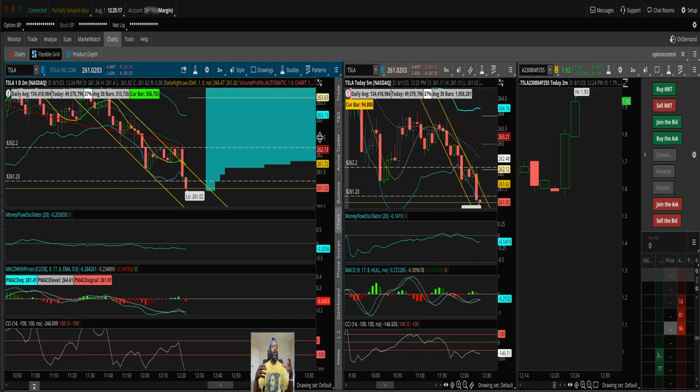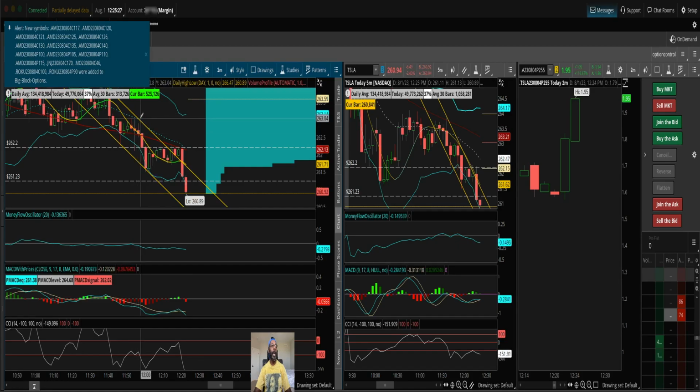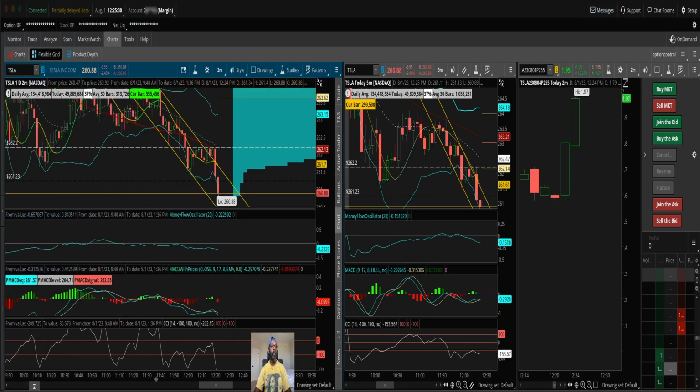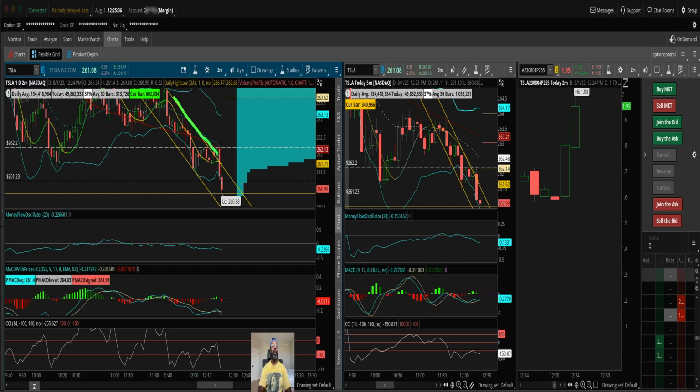What a phenomenal move. Off of this wide channel right here, off that wide channel. Look how wide that channel is. But that channel is still controlled.